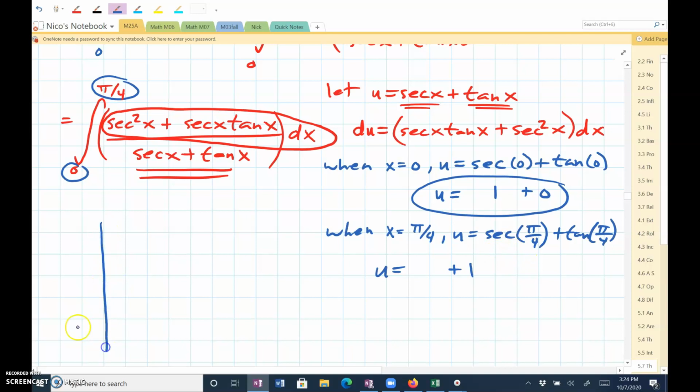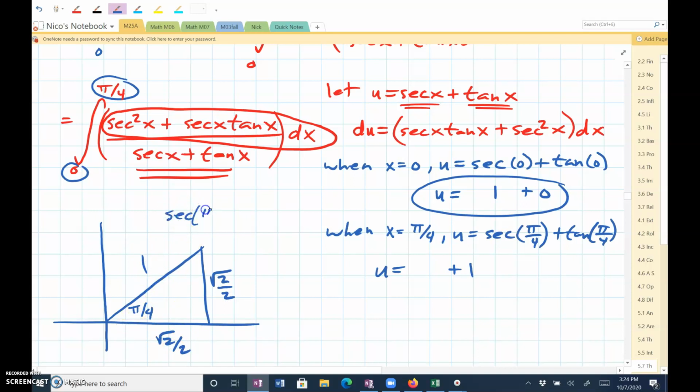Secant of 45 degrees, or pi over 4, secant is going to be equal to the hypotenuse over the adjacent.